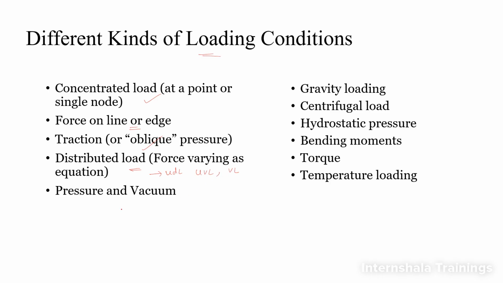Then in addition to all of these, we have pressure and vacuum, gravity loading, centrifugal loading, hydrostatic loading, bending moments, torque, temperature loading, and additional types of loadings are also available. Most of the time, remember, we are not going to use a single type of loading condition, but we will use a combination of different types of loading conditions to simulate the environment of that particular object.